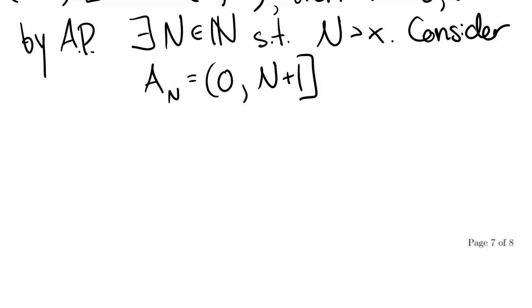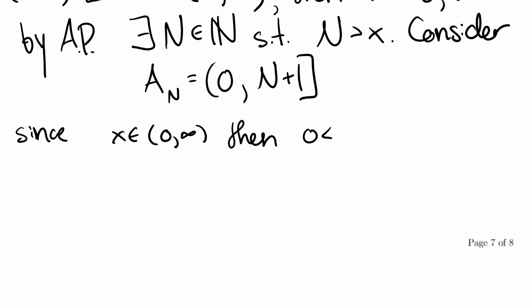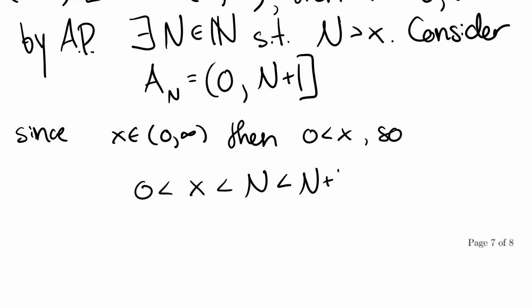Since x is in here, then x is bigger than 0. So 0 is less than x is less than capital N, which is less than capital N plus 1. Woohoo! Well, we can always say less than or equal to, right? Because it's an OR statement, so just one of the things needs to be true.